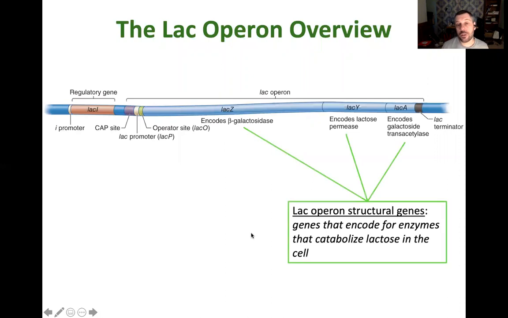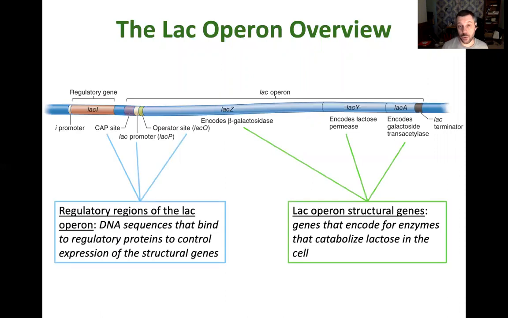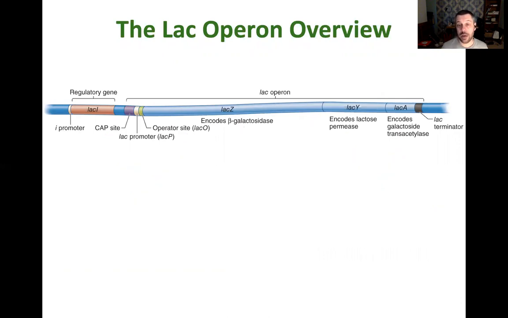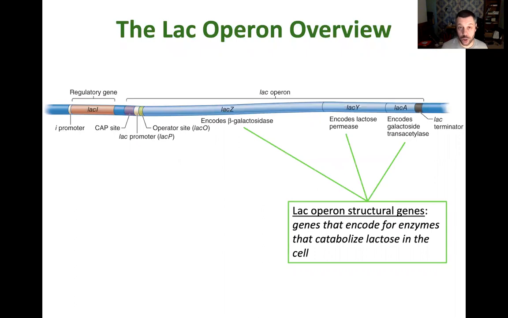So just as a quick refresher on what we're talking about. We're talking about the Lac Operon, which has these different parts to it, right? It has these three structural genes, Lac Z, Lac Y, and Lac A, that are all instructions to make three proteins. They're all transcribed together because they're all required for the metabolism of lactose.